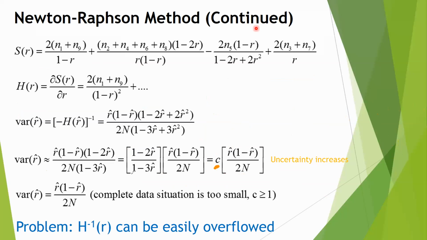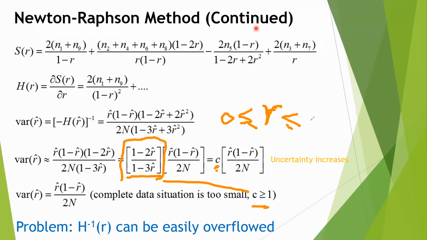Because this C is always greater than 1. Can anyone tell me why this C is always greater than 1? Remember, R is a value which is always greater than 0, but less than 1. Is that correct? No, it's always less than 0.5, right?